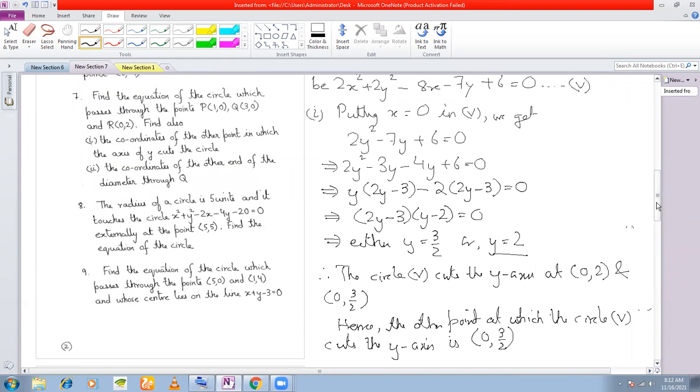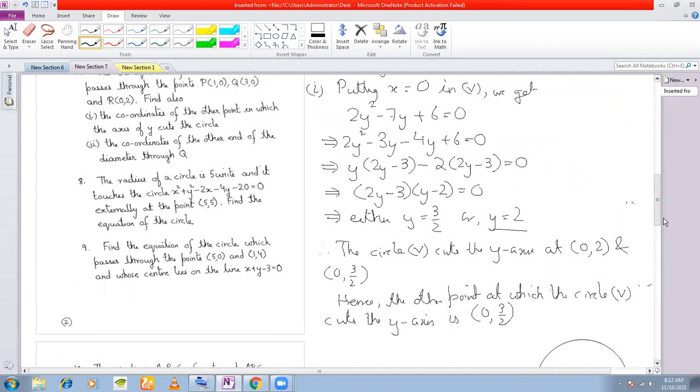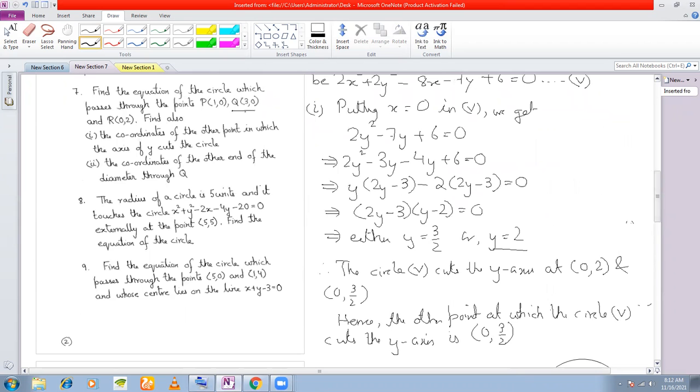That's done. Let's look at the second question here. The coordinates of the other end of the diameter through Q. Okay. And let's say this is our circle. And coordinates of the other end of the diameter through Q. What are the coordinates of Q? 3, 0.